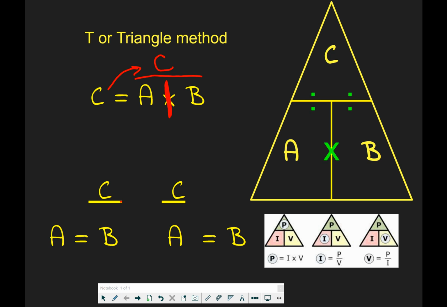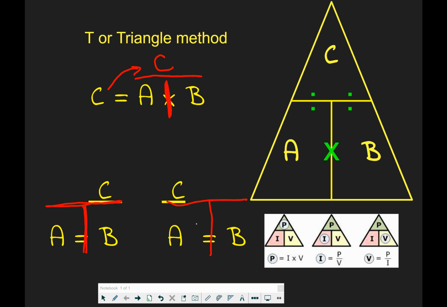All you're going to do is take this divisor line and extend it out that way, and then drop a line in between. The same way here, C over A equals B. You're going to do the same thing. You're going to have C on top, A on bottom, and the B on the bottom.